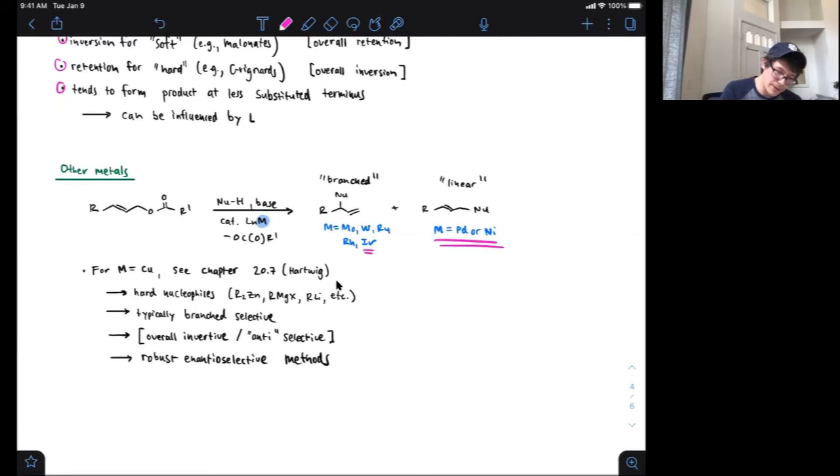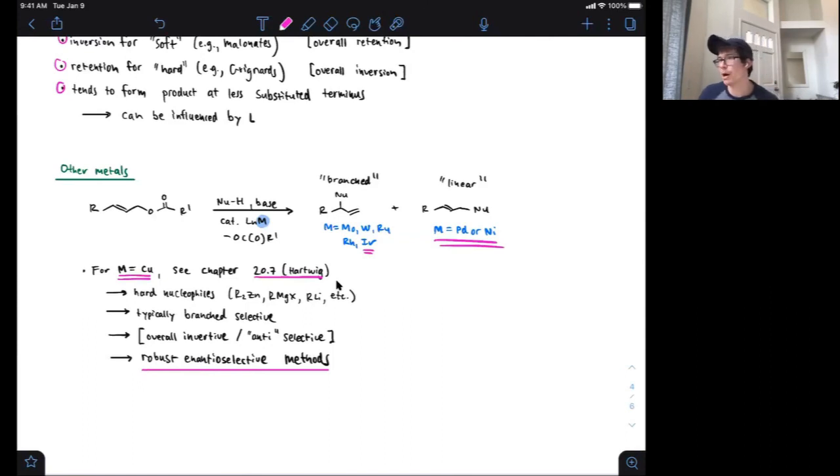And then there's been a beautiful body of work with copper as a metal as well. It's kind of its own self-contained field of work, so much so that Hartwig covers it as a completely separate section. With copper, I'll highlight the works of the likes of Alexakis and Hoveyda, who really made this a reliable synthetic method that can even be performed enantioselectively.